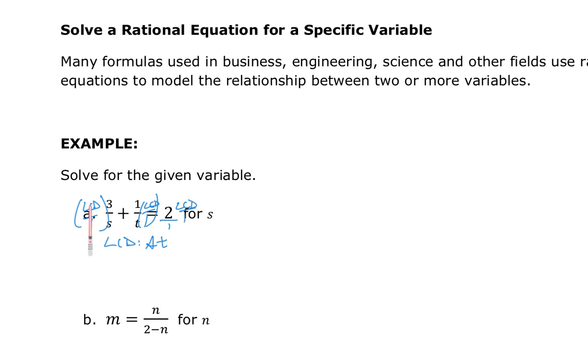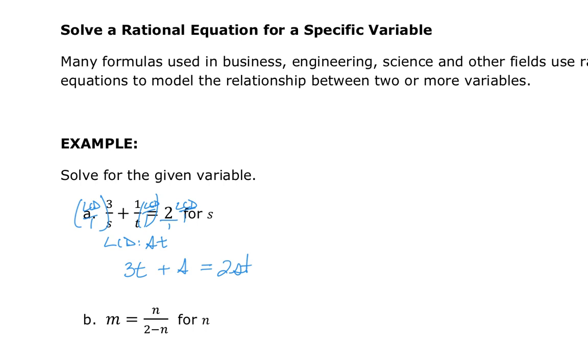Now when I multiply the first term by my LCD over 1, my s's cancel, leaving me 3t. Plus, and when I multiply my second term on the left-hand side by my LCD, my t's cancel, leaving me just s. And then on the right-hand side, I end up with both s and t, so I have 2st.